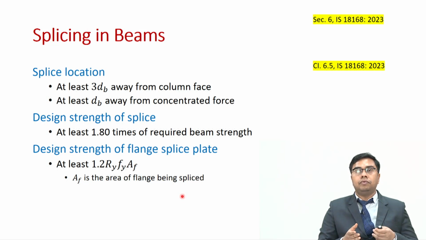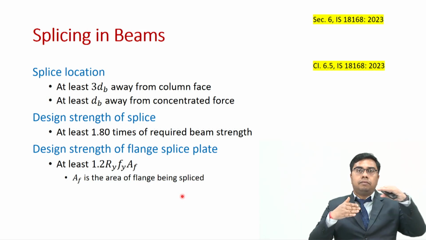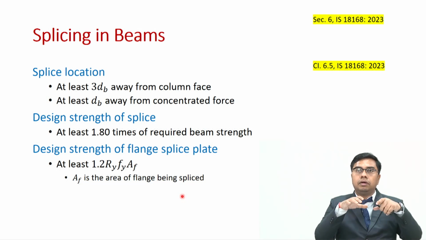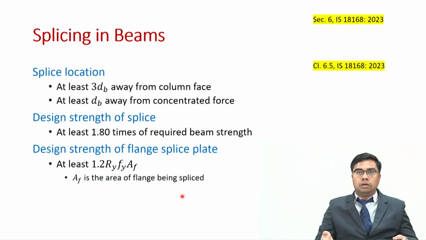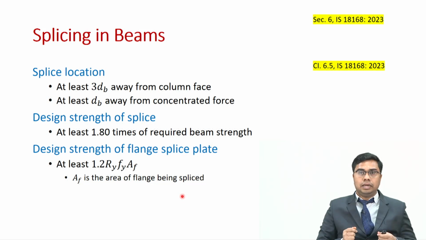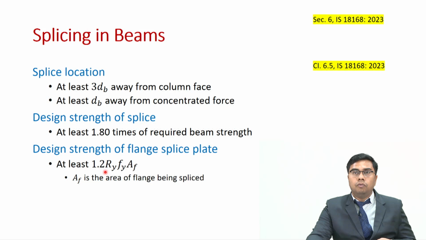And when you will have a splice, in most of the cases how will you make the splice? You will have a plate attached to the flange on either side of the beam, and for the bottom flange as well, and the web will also be connected through a web splice plate. For the flange splice plate, the design strength should be at least 1.2 times Ry times Fy times Af, which means it should be at least 20% more than the maximum possible strength of the flange.